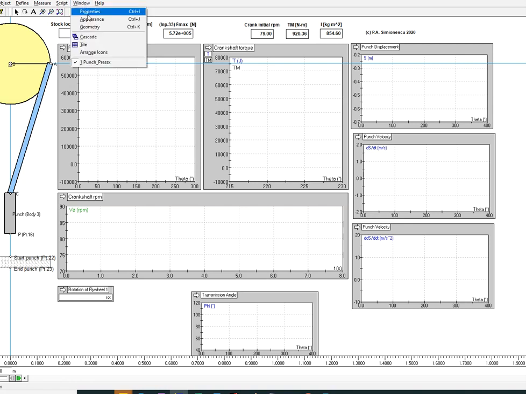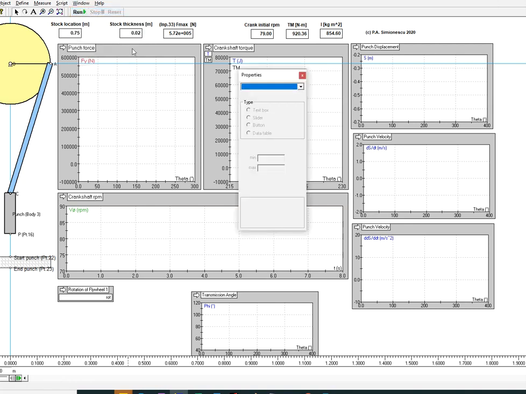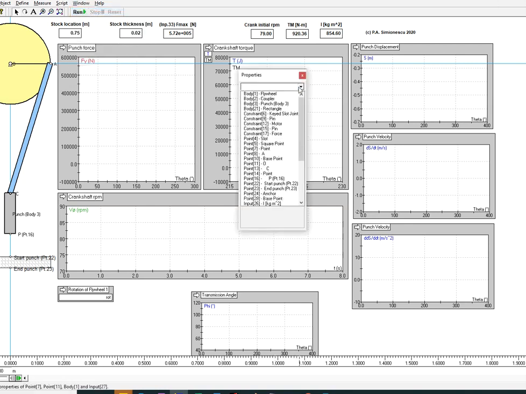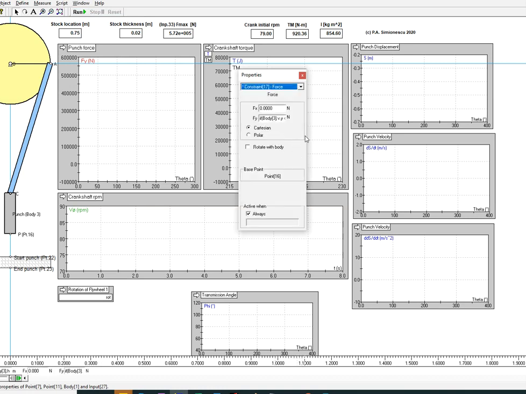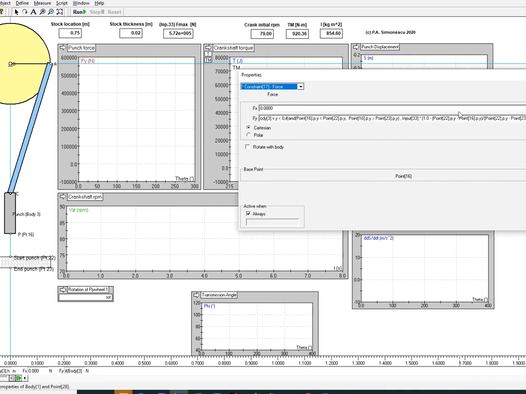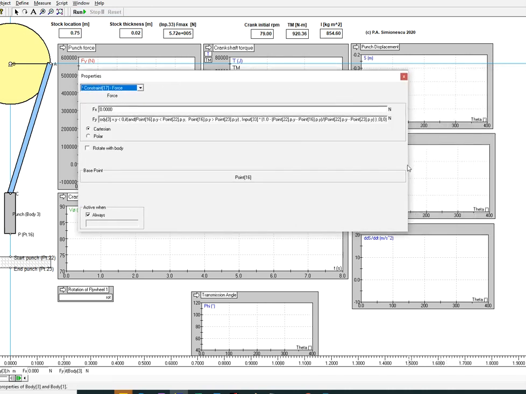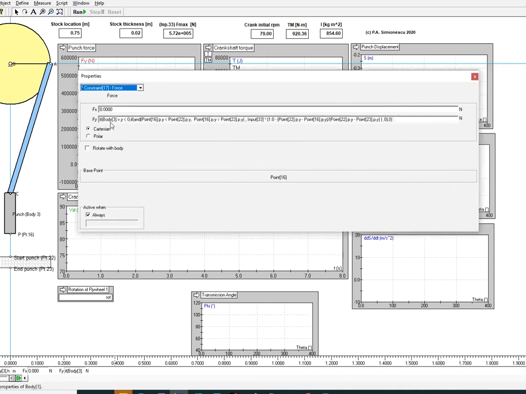It's going to be transmitted to a force somewhere, and this force is conditional. With the project specifications, I took a screenshot where you can see this length equation. Of course, you'll have different body numbers and point numbers, but it's the same.